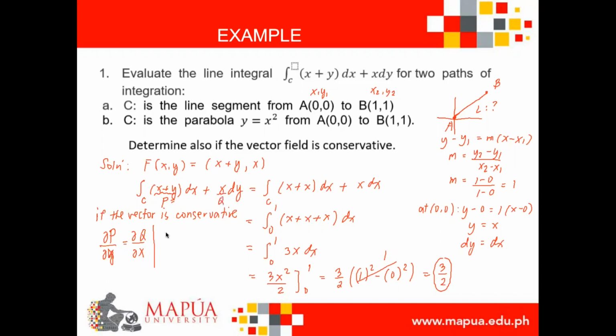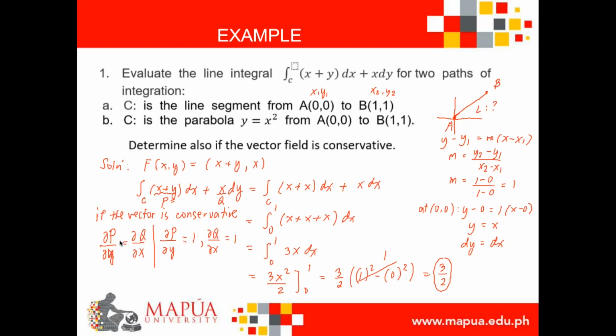So getting the partial derivative of P with respect to y, the answer here is 1. Why? Because the partial derivative of x with respect to y is 0 because x is constant, while y gives 1. Then the partial derivative of your function Q with respect to x. Since this is our Q, differentiating with respect to x, that is also equal to 1.